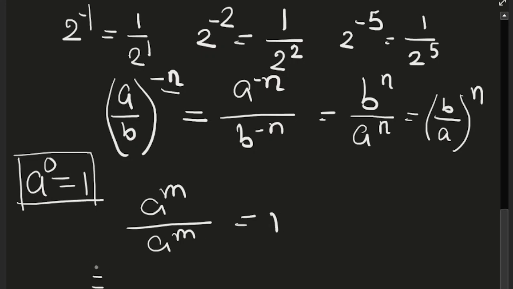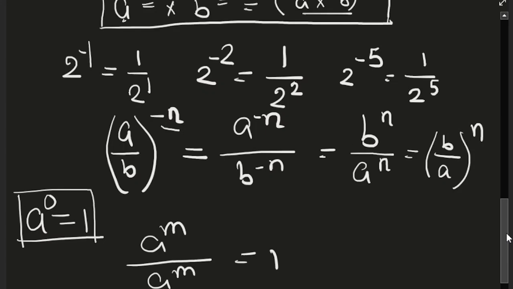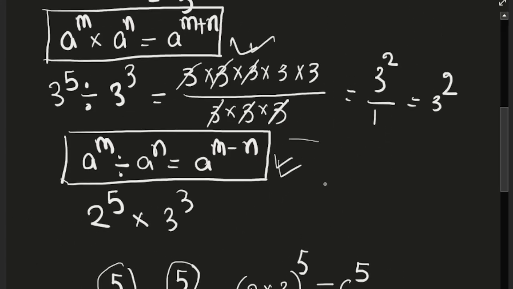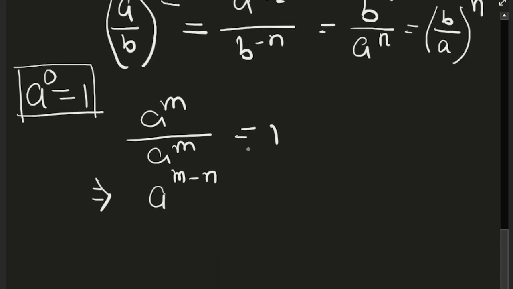Now, using the rule of exponent, a to the power of m by a to the power of m is a to the power of m minus m. I already said that when we are dividing two exponents, the powers are subtracted. So in here also, m and m will be subtracted.